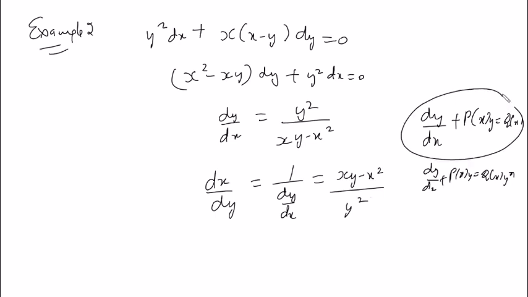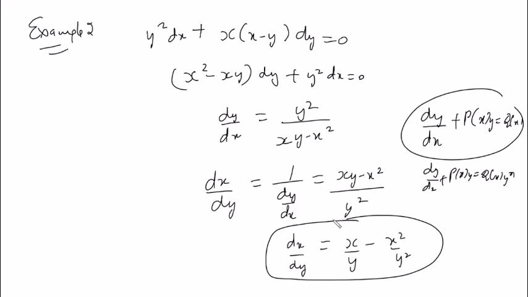Something to be taken on the left hand side. With xy minus x square in the denominator, it was difficult for me to do. But now you can see I can split up. What is the first term? X by y, and the other term is minus x square by y square. So I made things easy. So this is now which I will interpret as, whatever it is, linear or non-linear Bernoulli's, right? dx by dy is x by y minus x square by y square.